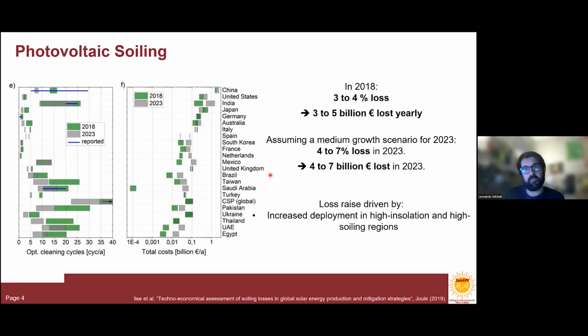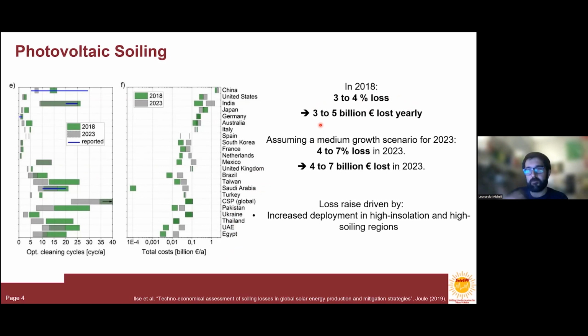Well, soiling can be an issue over there, and at a global level, we expect it to cause the loss of 3 to 4% of the global photovoltaic energy. This translated back in 2018 into a loss for the global PV community in the range of 3 to 5 billion euros.